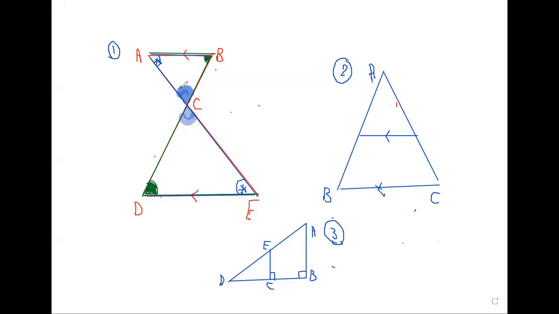Then we can use the vertical angle and angle B and angle D to verify that they are similar. Or you can use A and E, B and D. So it's up to you. We are looking only for two angles which are equal in measure to verify that the two triangles are similar. Let's move to figure B.